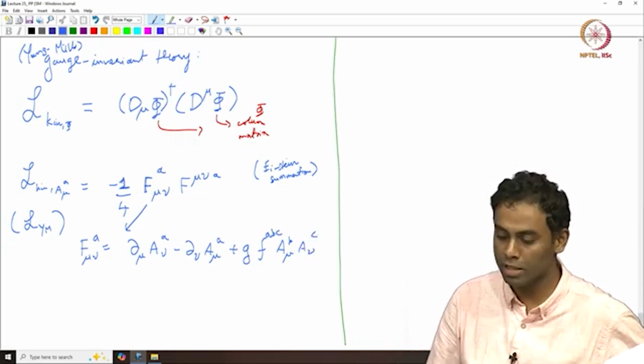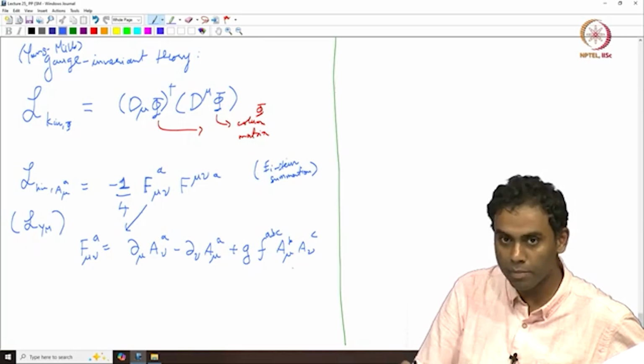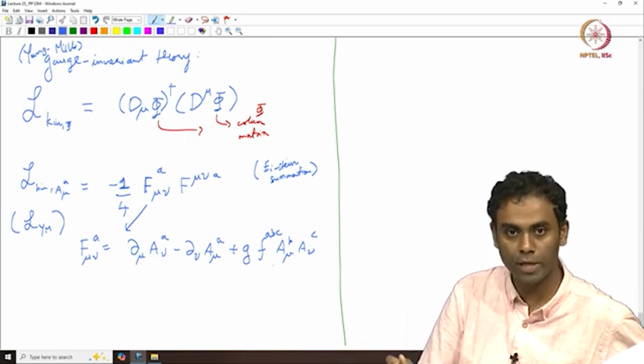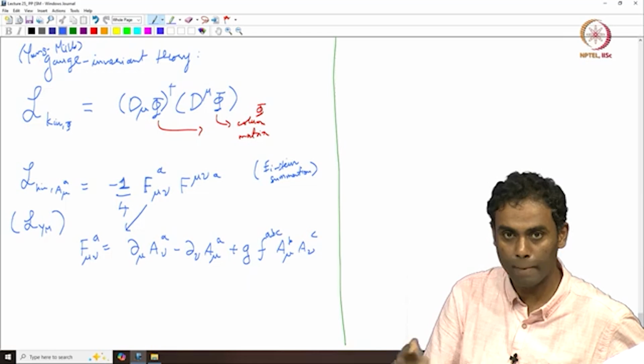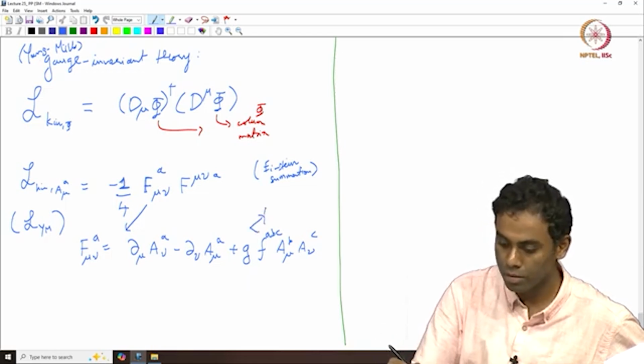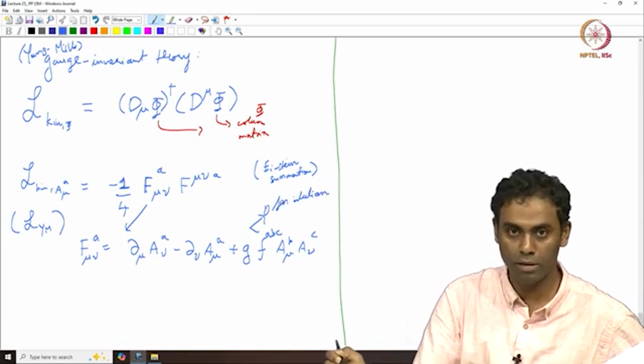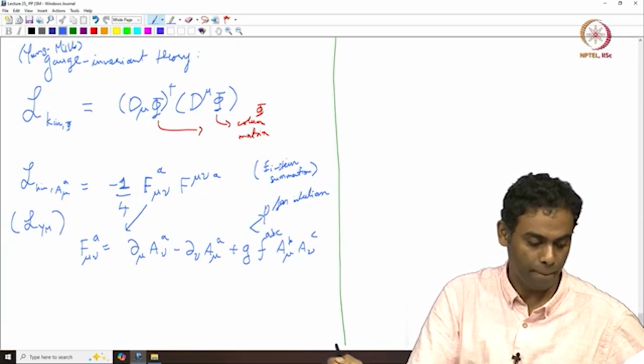Okay, just like that I have introduced in the field strength tensor itself something like an interaction between two gauge boson fields, right? Notice that this term goes to 0 for abelian theories, right? This is just what we saw in QED, correct?